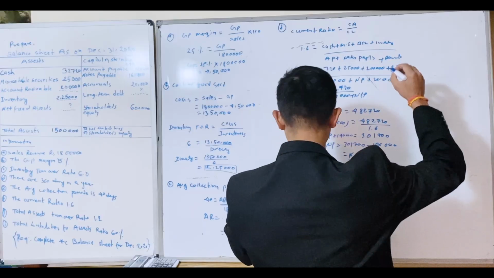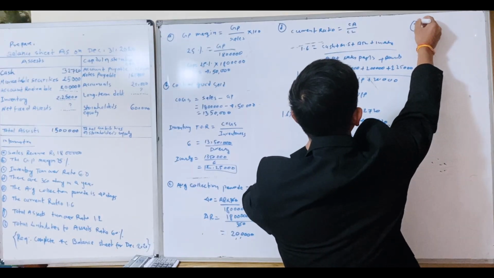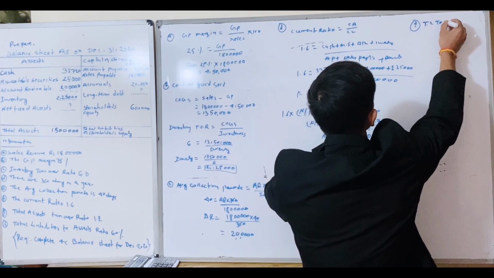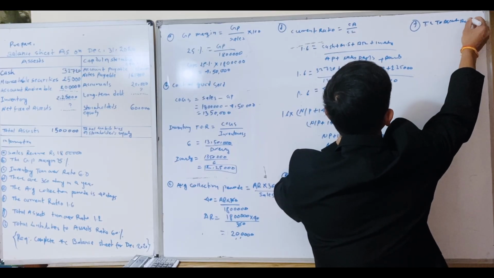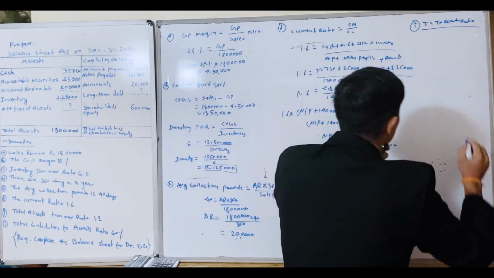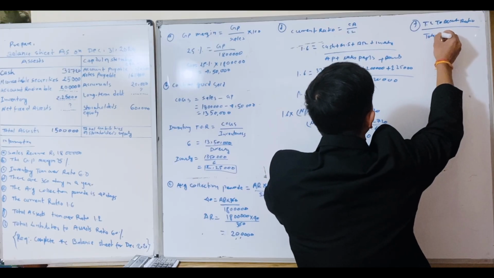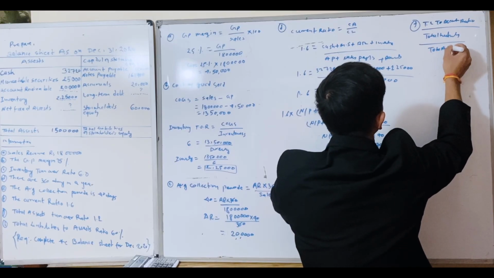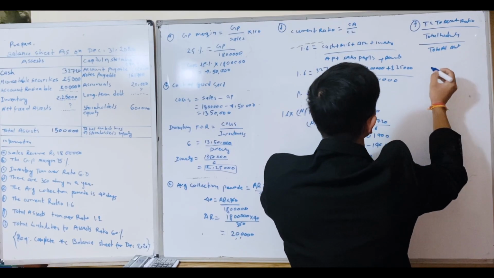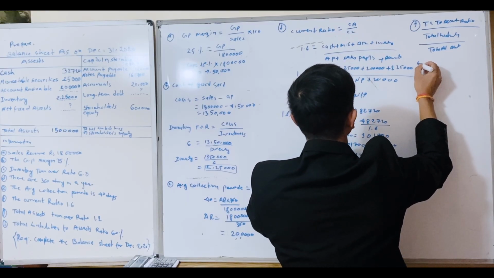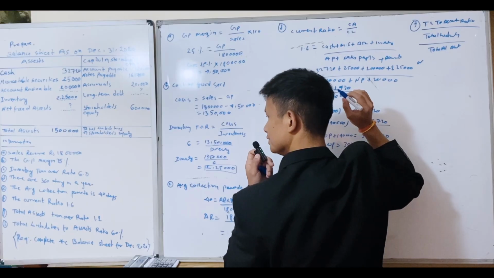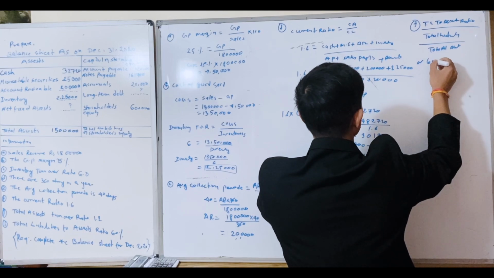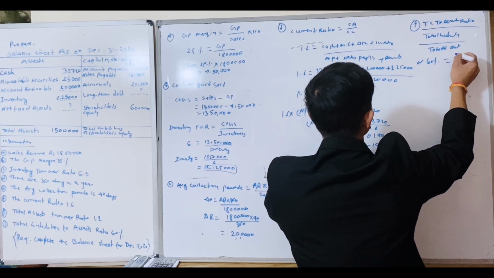Now let's calculate another figure. Total liabilities to assets ratio. As we know that total liabilities divided by total assets. So total liabilities to assets is 60% is equal to total liabilities.